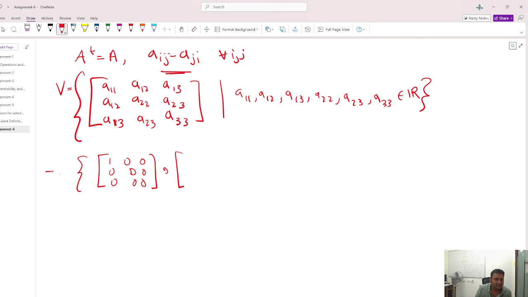So this will be the span of. Okay, I got it. What happened? You take A11 common, then you take A22 common, like that, or say A12, and then you take A13 common, everything you have to add.